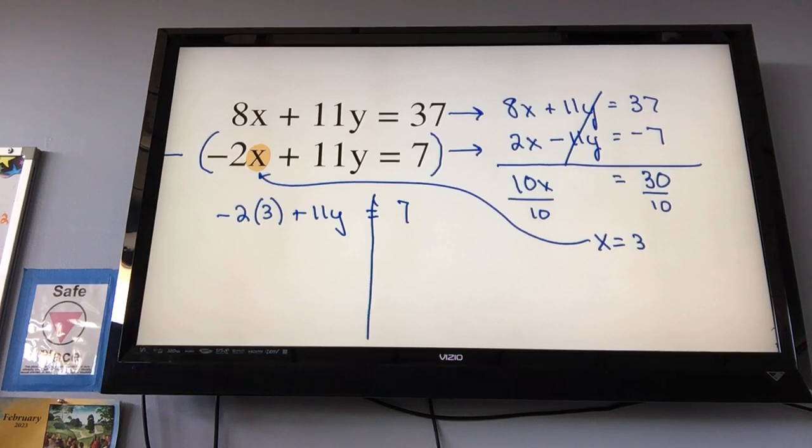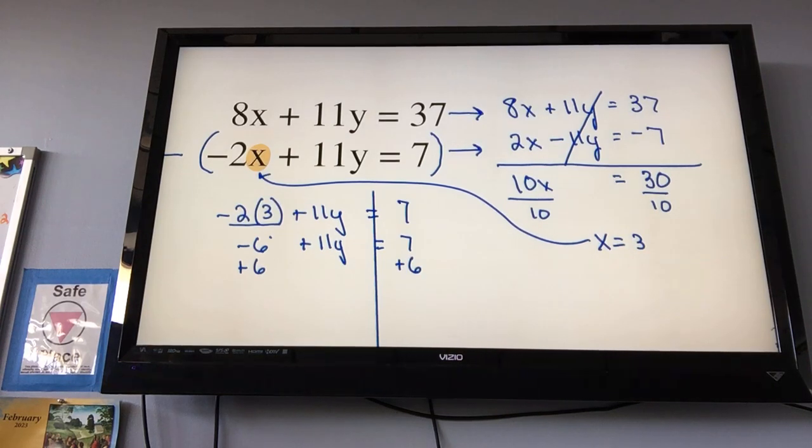And I solve this. To me, this is where the most work comes in, when you have to go back and get that second number. So I multiply here and I get negative 6 plus 11y equals 7. Solving for y, I'm going to add 6.